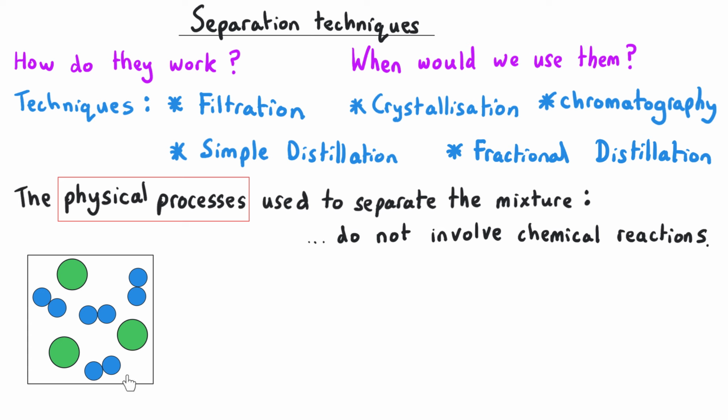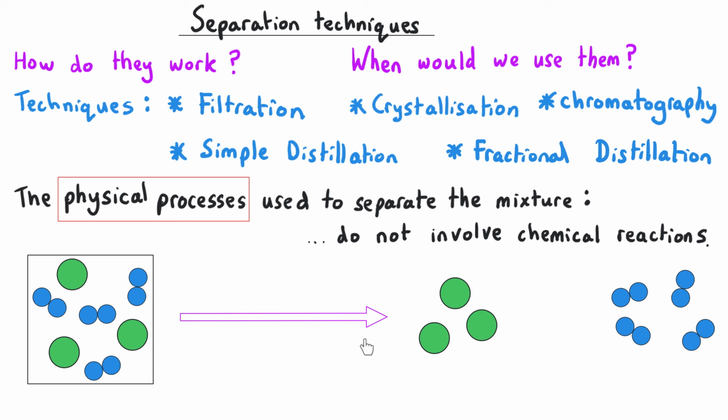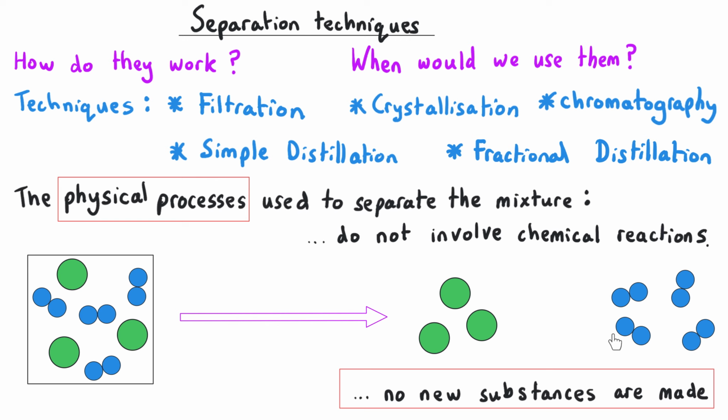We've got the mixture on the left-hand side, two different elements, the blue molecule and the green atoms, and we carry out some kind of separation technique, and we end up with separated green atoms, and the blue molecules are also separated. And we can tell that we have used a physical process to separate the mixture, not a chemical reaction, because these substances were present at the beginning and they're present at the end.